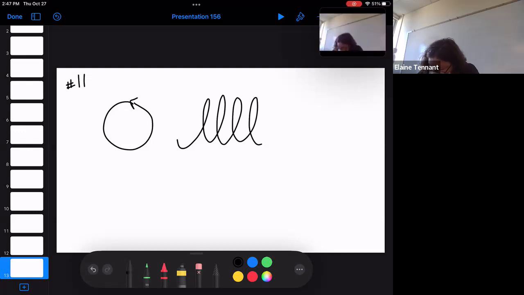Where the current on the top here is coming out of the page, and the current on the bottom here is going into the page. So it's going kind of, whoosh. It's coming out of the page, going into the page. So it goes like this, and then it comes like that. Can everyone kind of tell what direction that is?